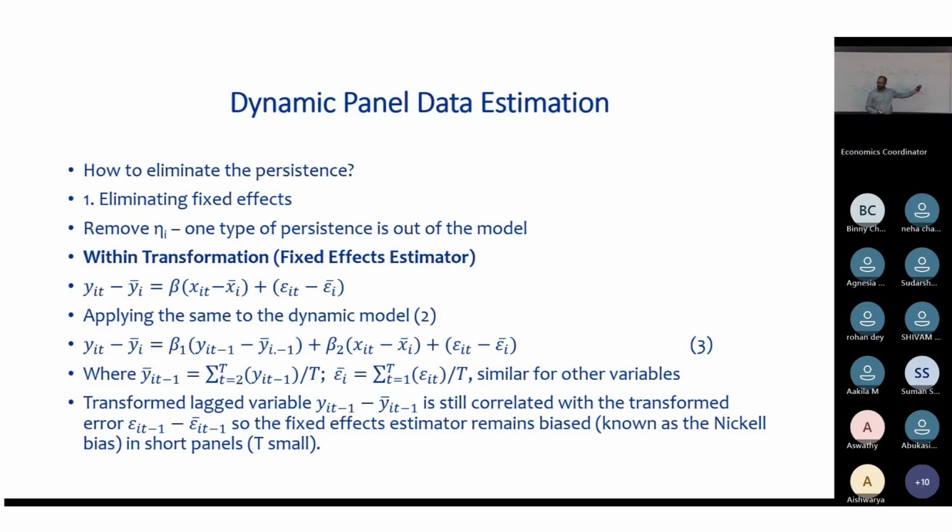Eta i goes away. Eta i minus eta i is 0. Plus epsilon it minus epsilon it minus 1.